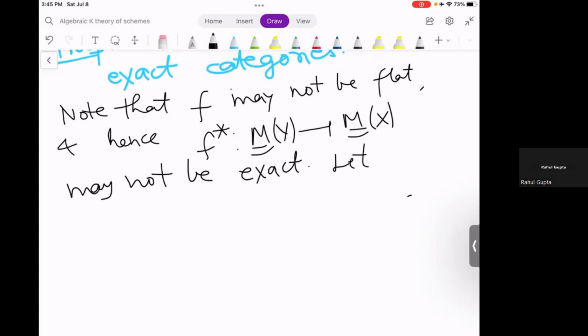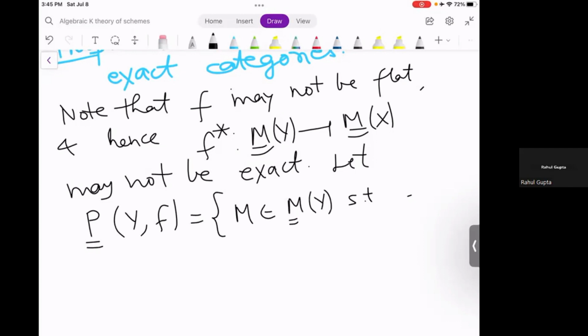What we can do is let me take this subcategory of sheaves in my category, such that Tor_i of O_Y, O_X, M is 0.